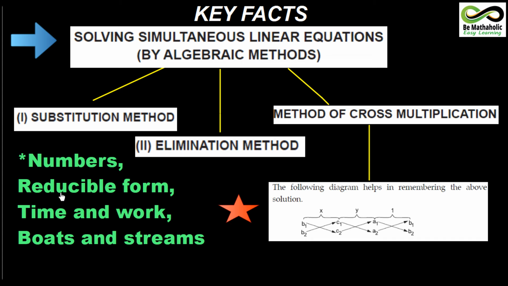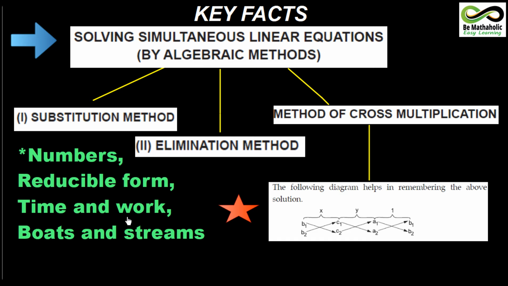I mean, you have to change that equation into the normal general form of linear equations, and then it is called the reducible form. Then you have word problems based on time and work, and boats and streams, of course. So these are also other patterns of questions which you will face in this chapter, especially the word problems.